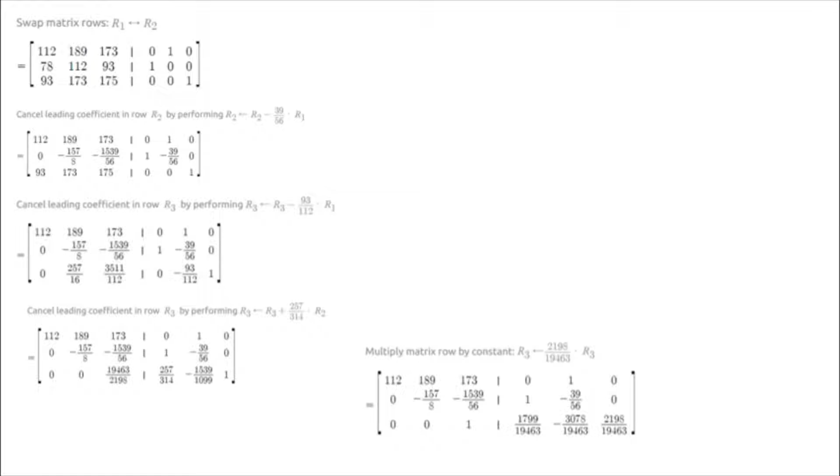And then we cancel the leading coefficient in row R3 by performing R3 plus 257 over 314 times R2. And then we multiply the matrix row by the constant 2198 over 19463 times R3.